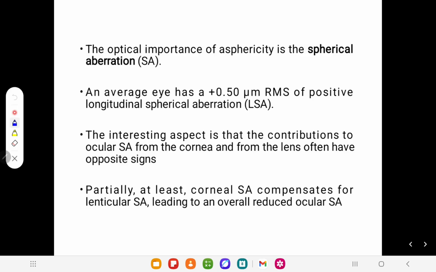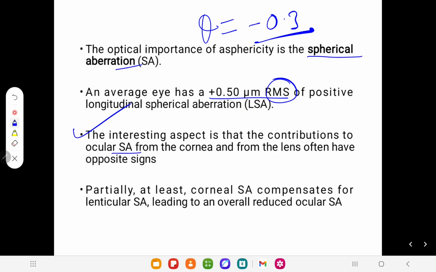So the optical importance of sphericity is spherical aberration, isn't it? I have already discussed it. The cornea is prolate, which helps to reduce the positive spherical aberration. The average eye has 0.5 root mean square positive longitudinal spherical aberration. The interesting aspect is that the contributions of spherical aberration from the cornea and from the lens have opposite signs. The cornea has positive spherical aberration and the lens has negative spherical aberration, so they cancel each other, at least partially.